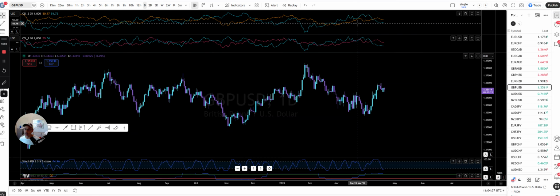This one's going to smooth things out, may give you slightly later entries, and it's going to give you fewer signals, but it will take a lot of the noise out too, and potentially reduce false signals or something that just turns out to be a quick corrective move that's not actually a sustainable trade.